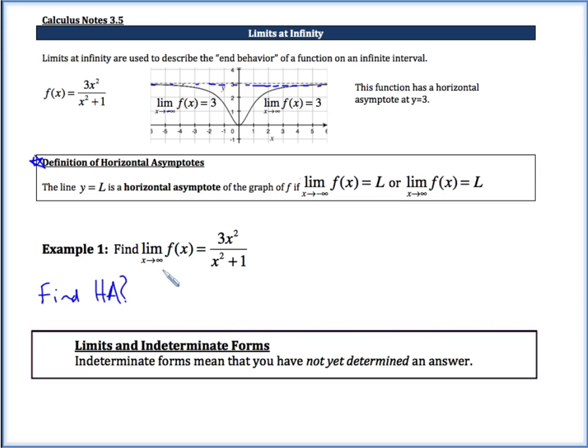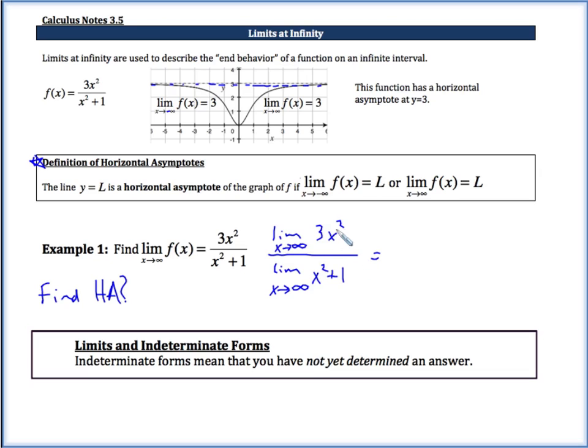Okay, and this limit at infinity is going to help us find that. If we want to find this limit, it's going to be the limit of the numerator approaching infinity over the limit of the denominator approaching infinity.